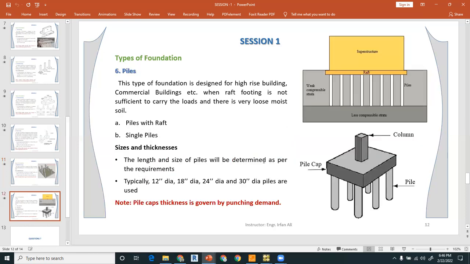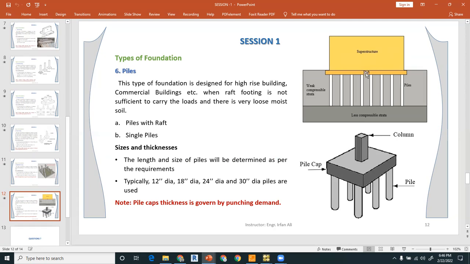The next very important foundation is the pile foundation. If you can see in the picture, there is the superstructure, and there is a raft, right? So you can design it with a combination where there is a very loose soil, for example, with a bearing capacity of 2 TSF, but the load coming from the superstructure is 3 TSF.